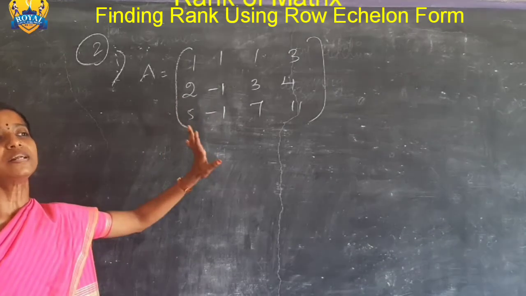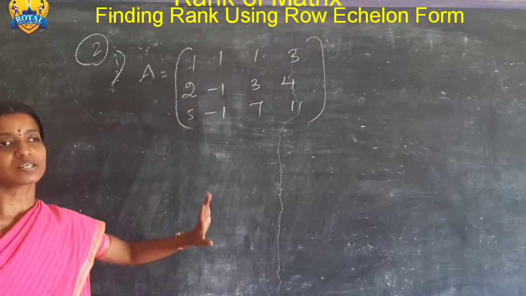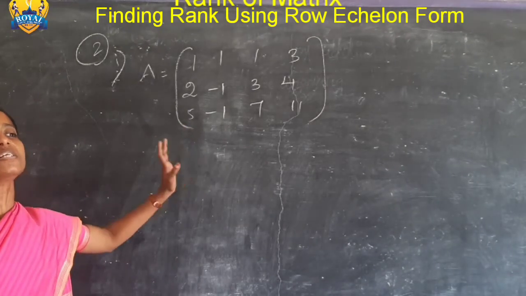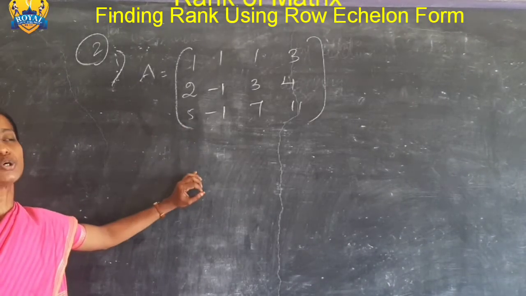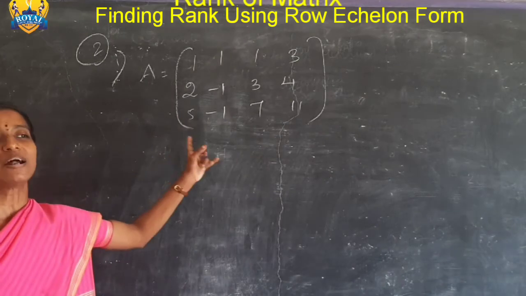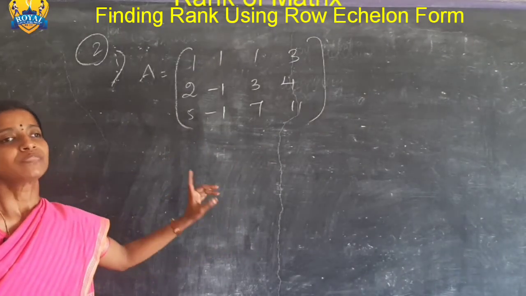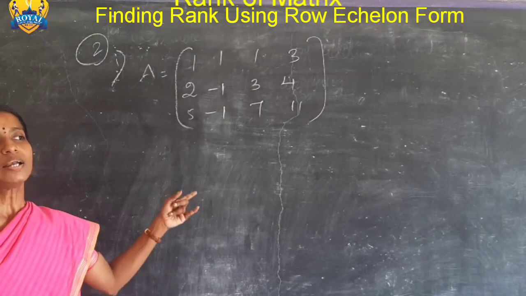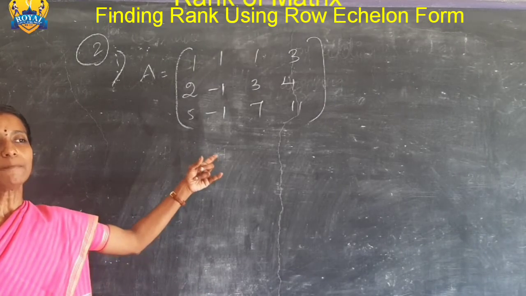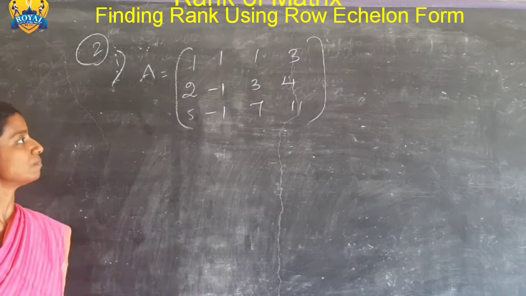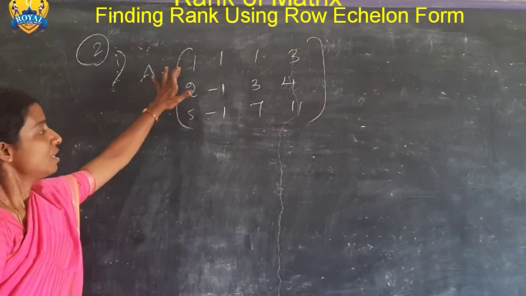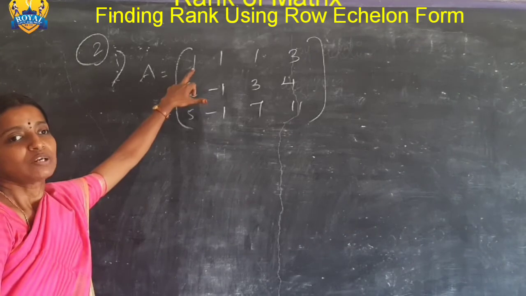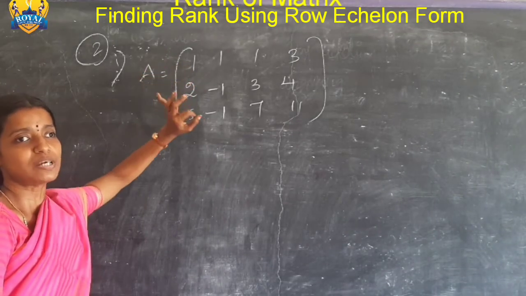using elementary row transformations. Only if we carry on with elementary row transformations is it easy for us to bring more zeros and change the given matrix to a row echelon form. Now, in the first row, first column, the first element should be small.